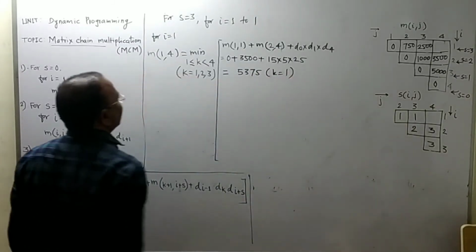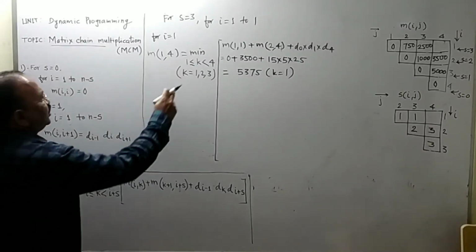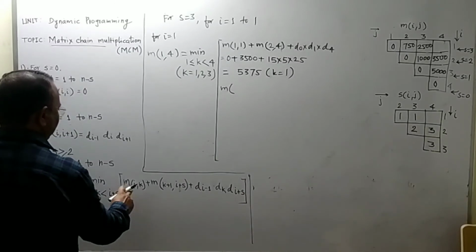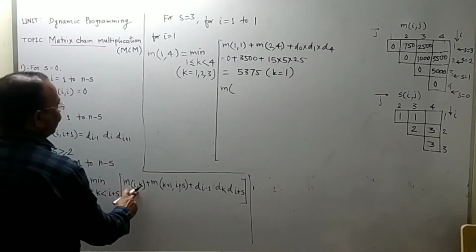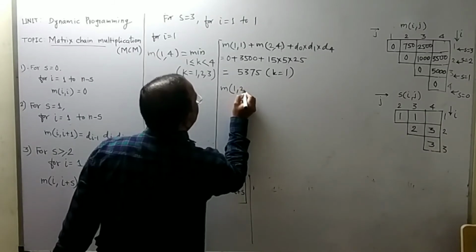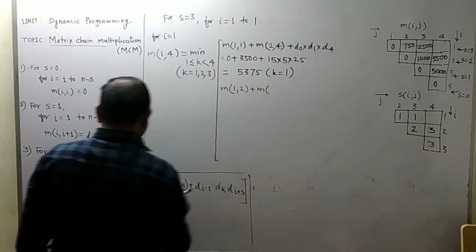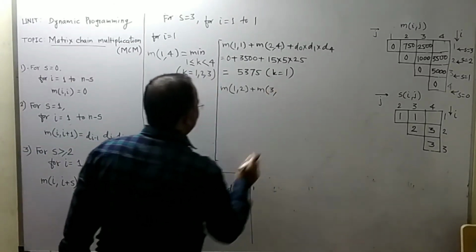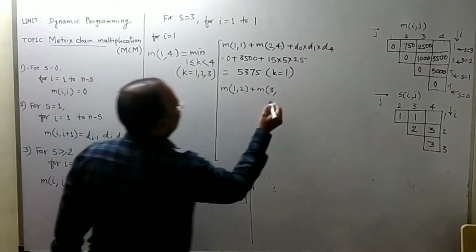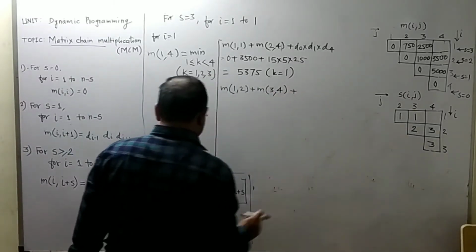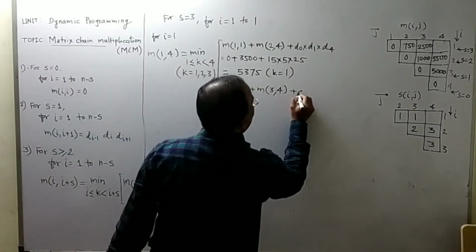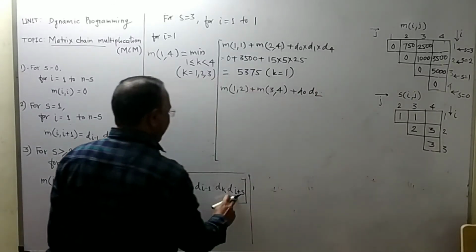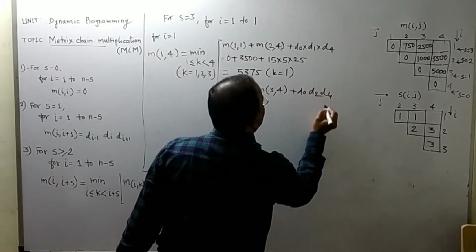Take the next value of k, that is k is equal to 2. M of i, the value of i is 1, 1 comma 2, plus m of k plus 1, so k is 2, 2 plus 1 is 3, comma i plus s is 4, plus d i minus 1, that is d0, dk means d2, and d i plus s means d4.